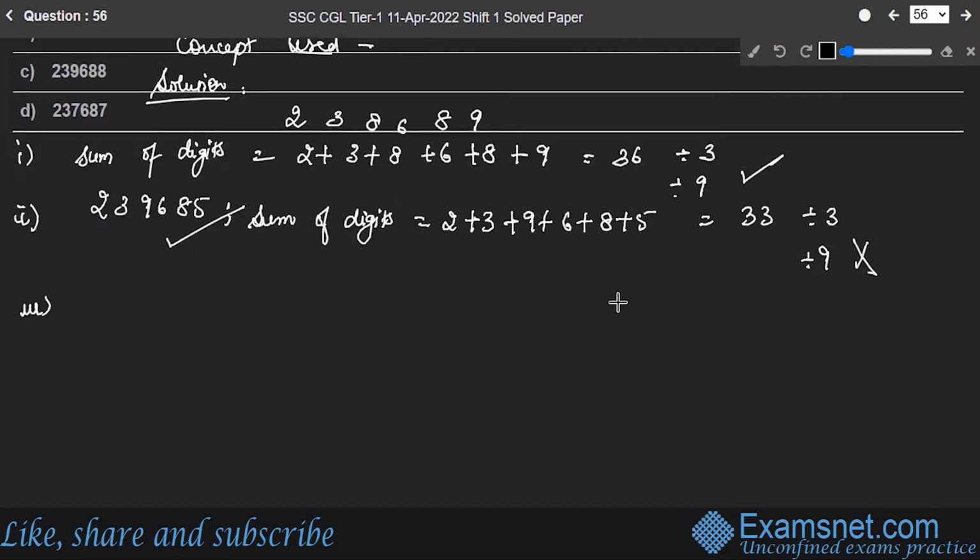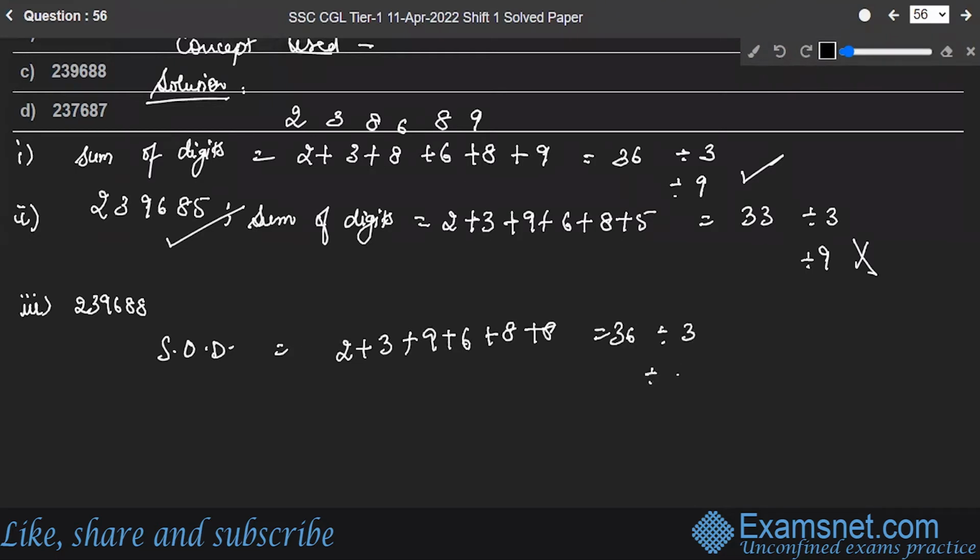Here's the third one: 239688. Sum of digits is 2 plus 3 plus 9 plus 6 plus 8 plus 8, which is equal to 36. And you know 36 is divisible by both 3 and 9.